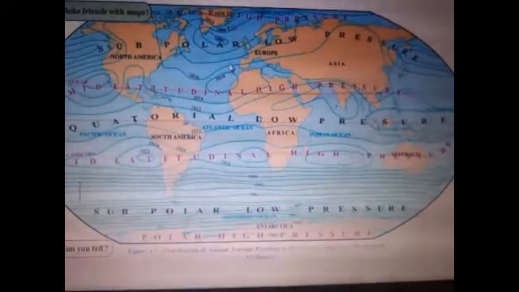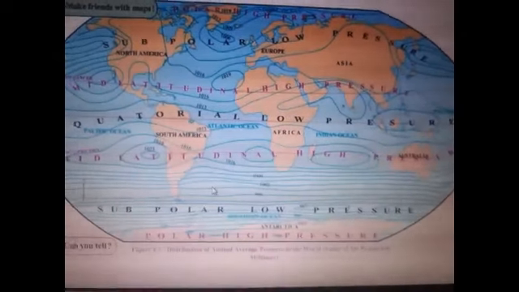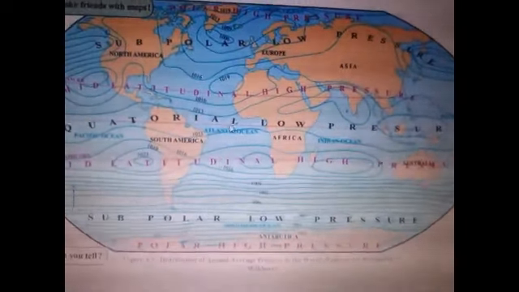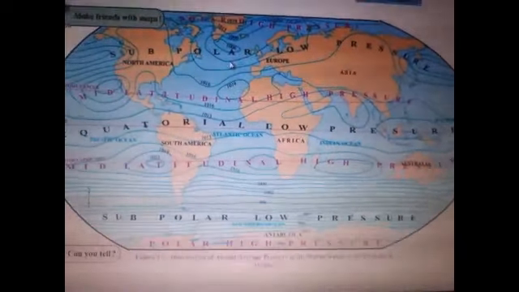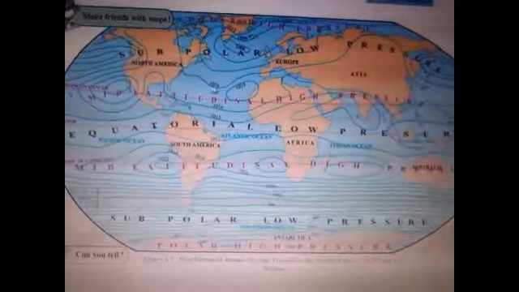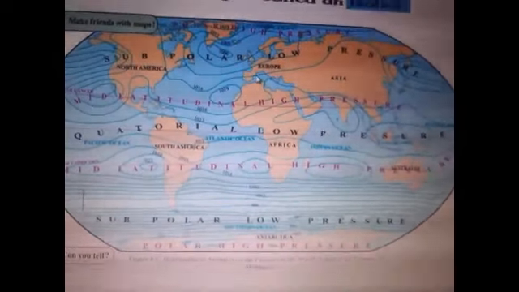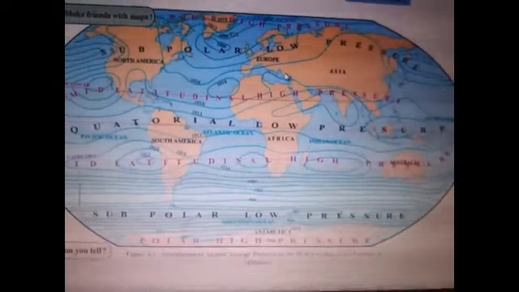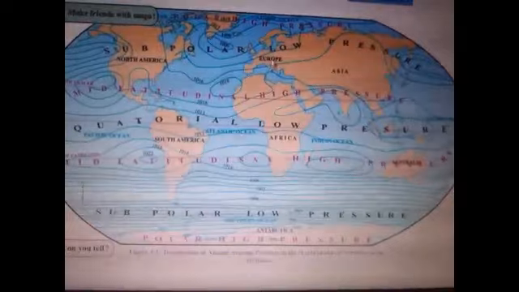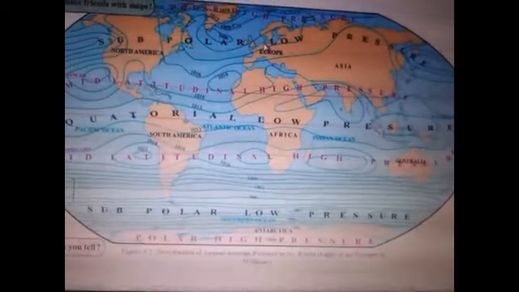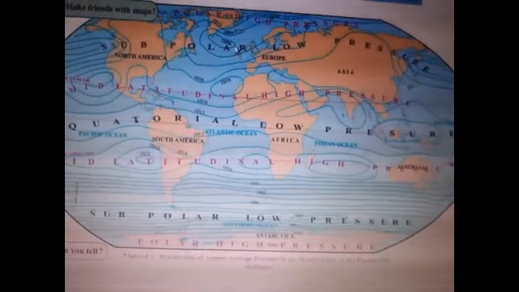This is the northern hemisphere and this is the southern hemisphere. Here you will find there is a difference in the lines. The lines are going circular also, and the lines are away from each other. What does this mean?